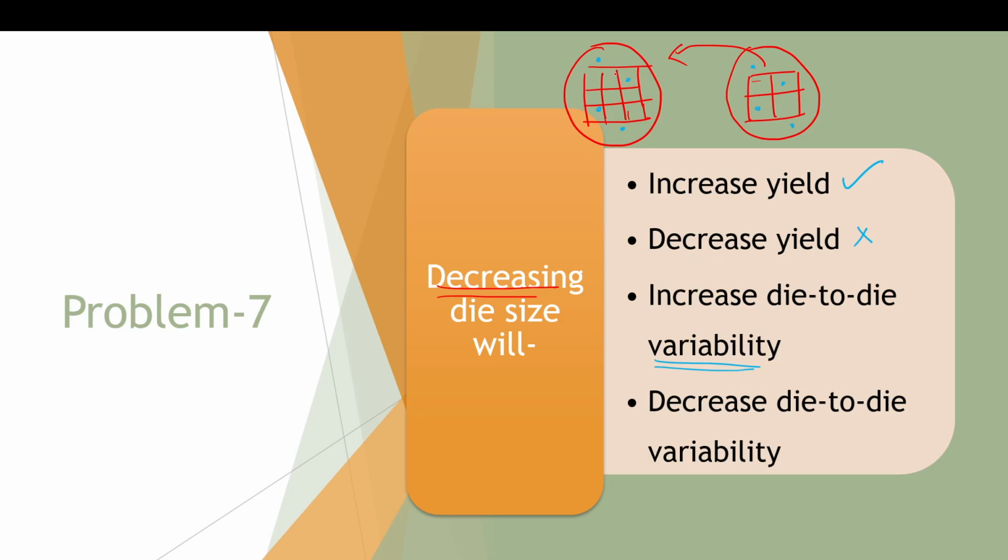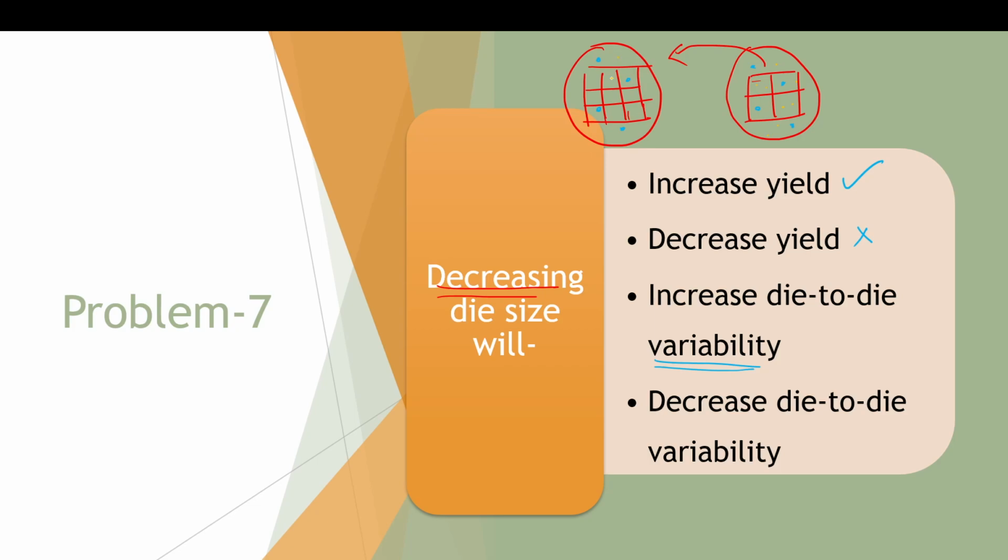Now, since the defect density remains the same, it's like, see there were some defects here and there. In addition to the earlier defects, I am just making more defects to illustrate the point of variability.